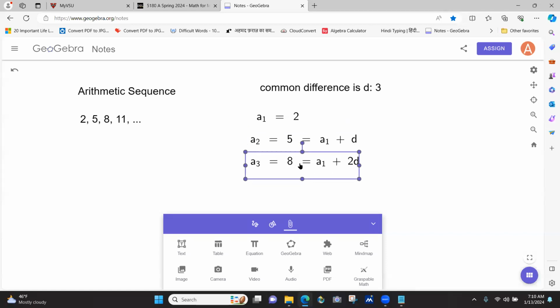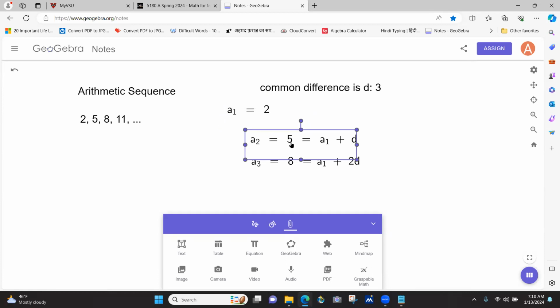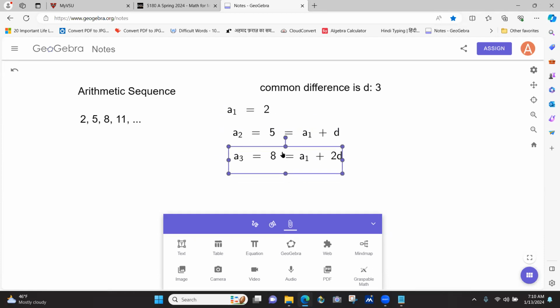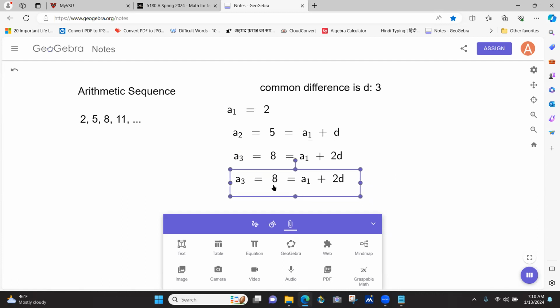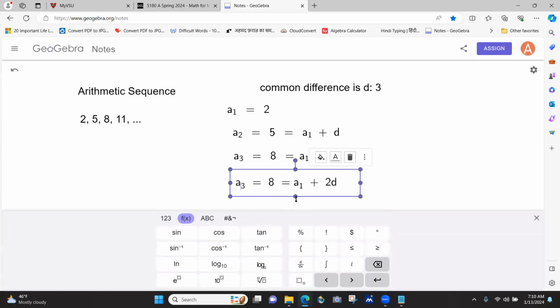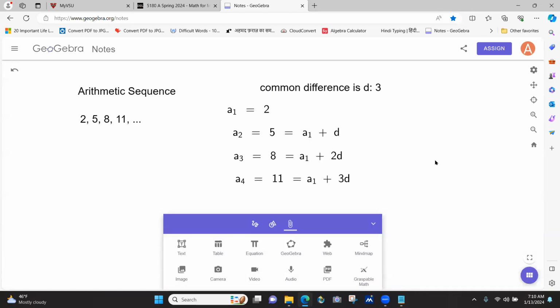Take a look. Let's do one more. The next term, which is A4, which is 11, is going to be the first term plus 3 times D. And you really want to understand it, and we're going to generalize it.